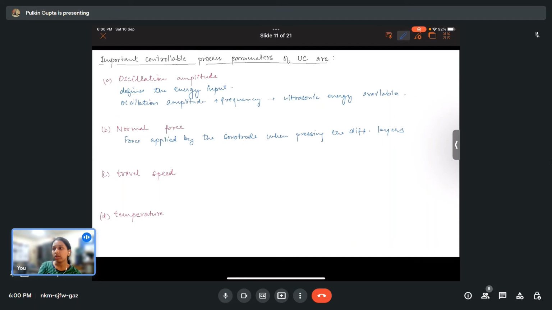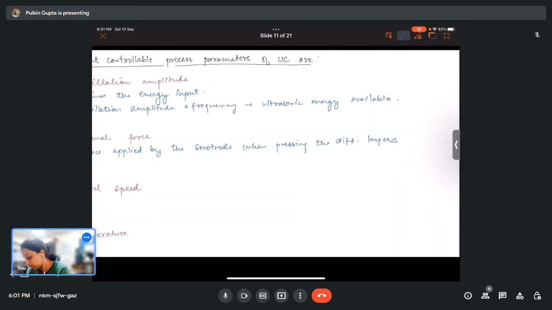Now you have the sonotron traveling speed. In this ultrasonic consolidation welding, the exposure time is directly determined by the travel speed. The higher the exposure time, the smaller the speed.